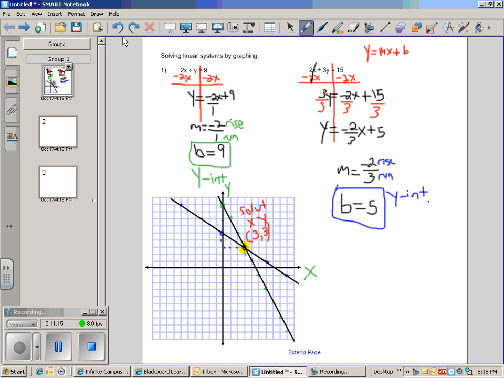That is the solution to our graph. So by solving the linear system, we plotted both lines, we found the intersection point, and we found our solution of 3, 3.